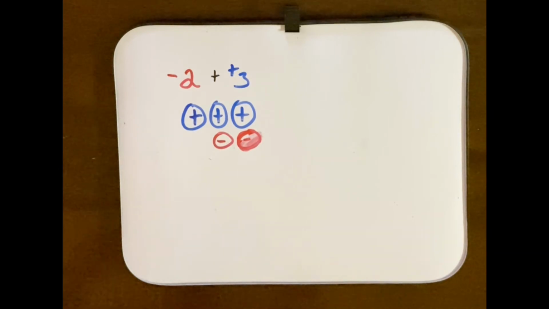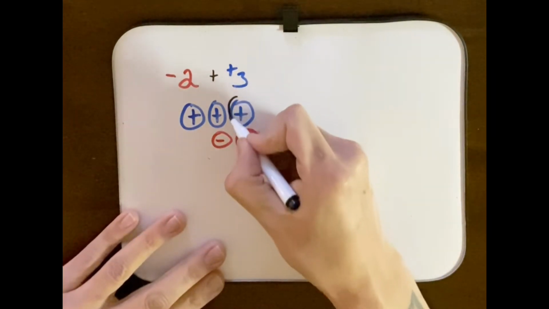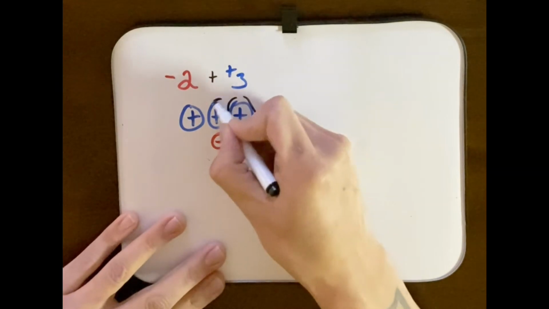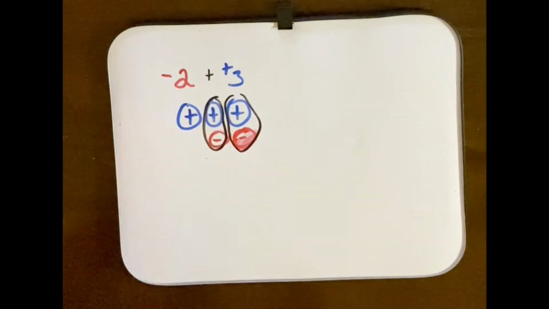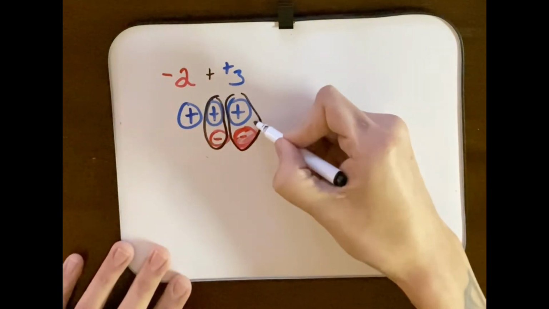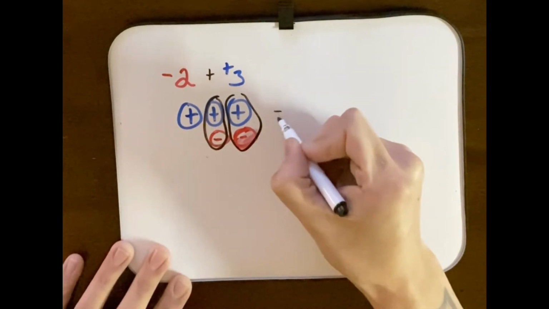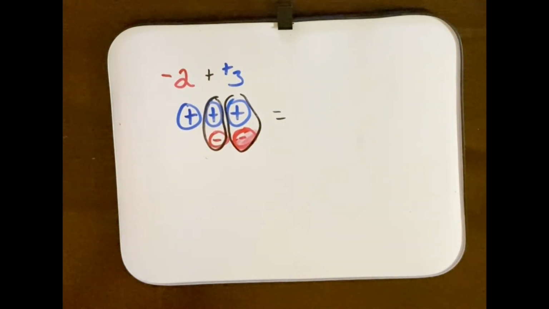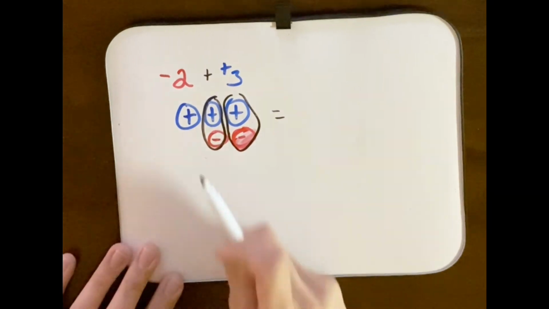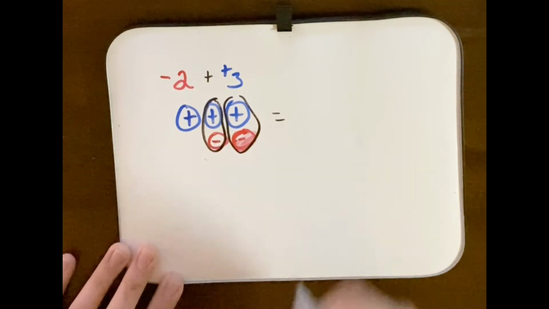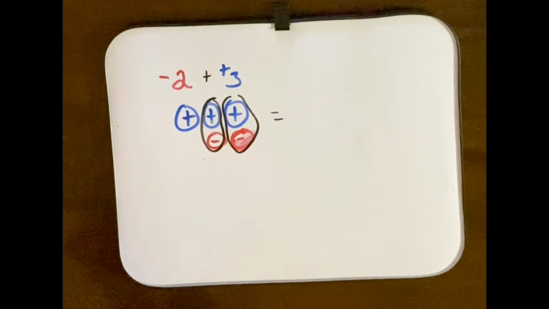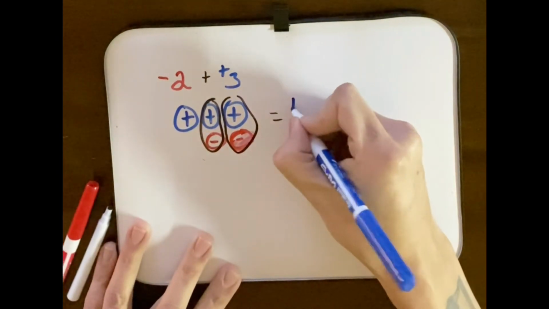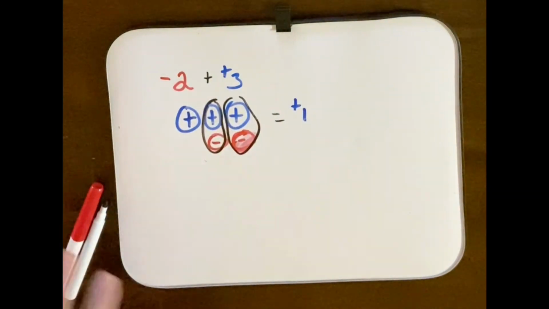If we take a look here and here, we have what we call again 0 pairs. So if this is 0 and this is 0, what does -2 plus positive 3 equal? Well, what's left? We have positive 1. So our answer then would be positive 1.